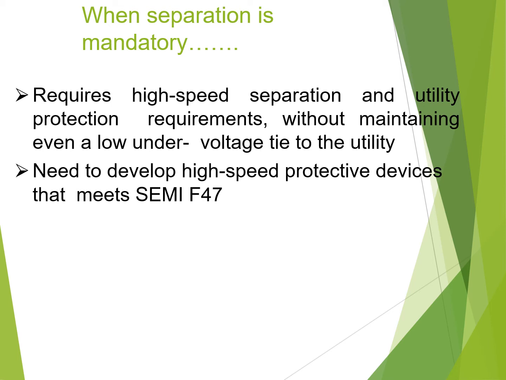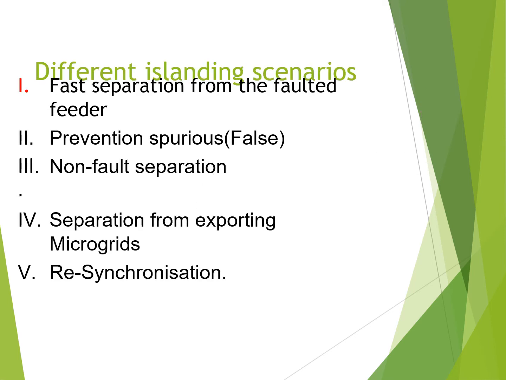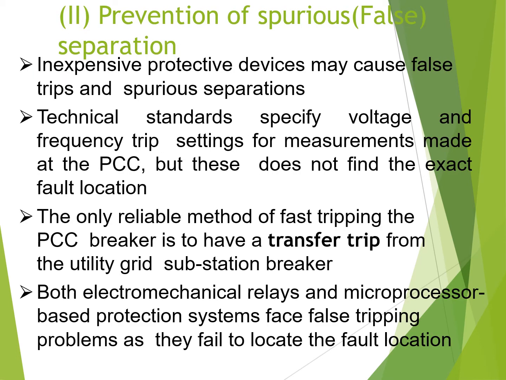Coming to the second scenario, it's the prevention of spurious separation, also called nuisance separation. The major cause of fault tripping and this spurious separation is the poor quality of devices. The technical standards do specify the voltage and frequency trip settings for measurements made at the PCC, but the problem is that this does not find the exact fault location.